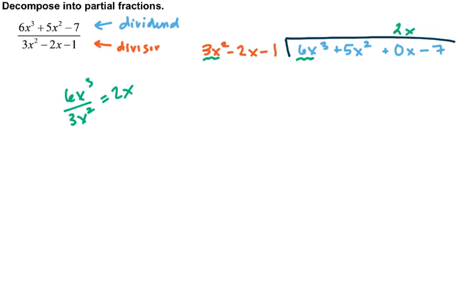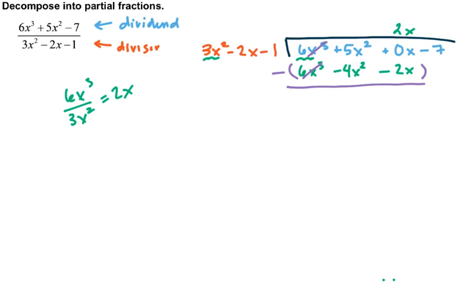So 2x times 3x squared gives me 6x cubed. These first two terms should always match. 2x times negative 2x gives me minus 4x squared, and 2x times minus 1 gives me minus 2x. We always take all of that and subtract.